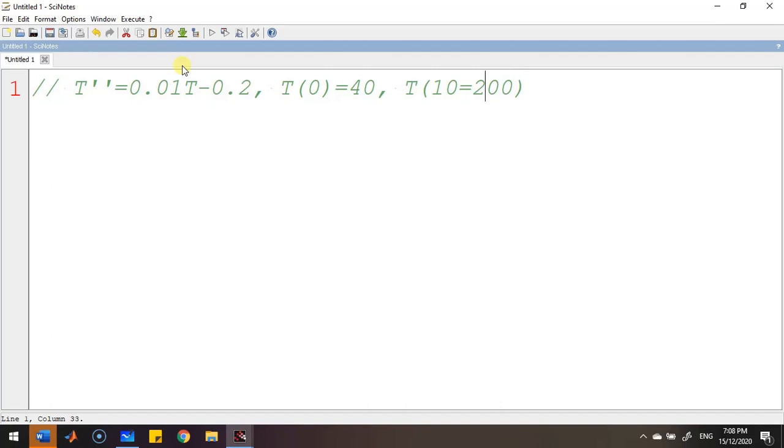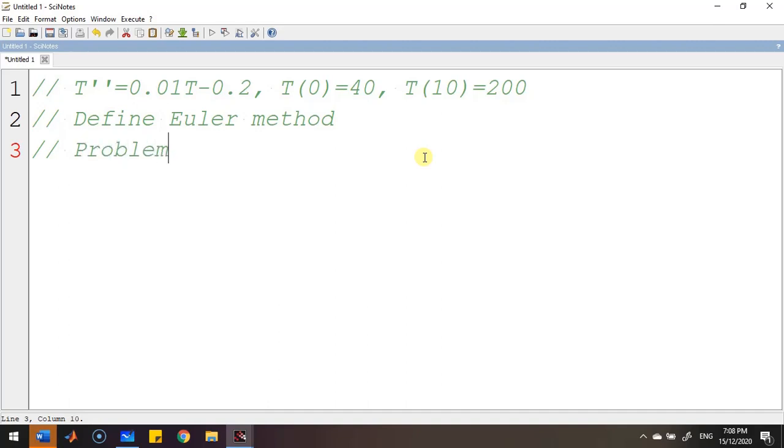You want to use the Euler method. There are a few things we need to consider. The first thing is we need to define the Euler method, and then you need to define the problem, and then we're going to use the shooting method.